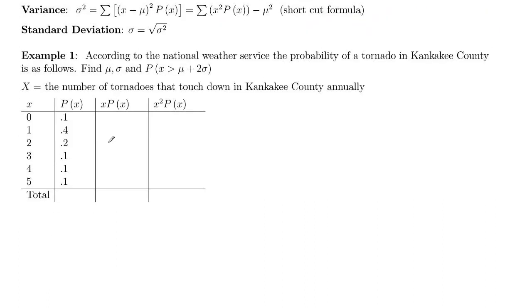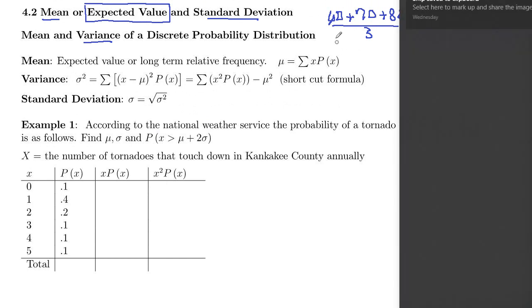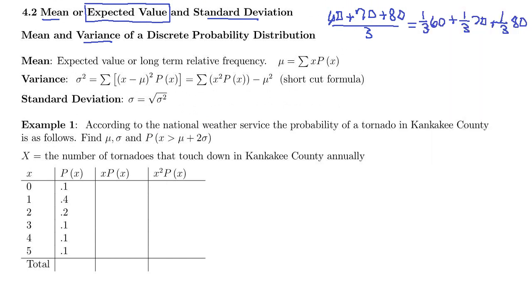Okay, so let's go ahead and fill in this table. I've done an extension table here for x times probability of x and x squared times probability of x, because the x squared probability of x gets used here, and then the mean, x times probability of x, gets used right there.